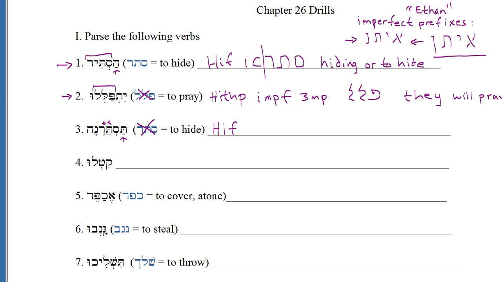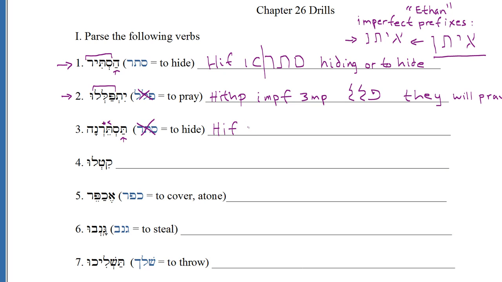And then we've got satar, and the tav tells us that we have either a third feminine singular or some second masculine plural, second feminine plural, third feminine plural forms. So there's several things that it could be. But we see the na ending, and that we know from the cal tells us it's second feminine plural or third feminine plural.